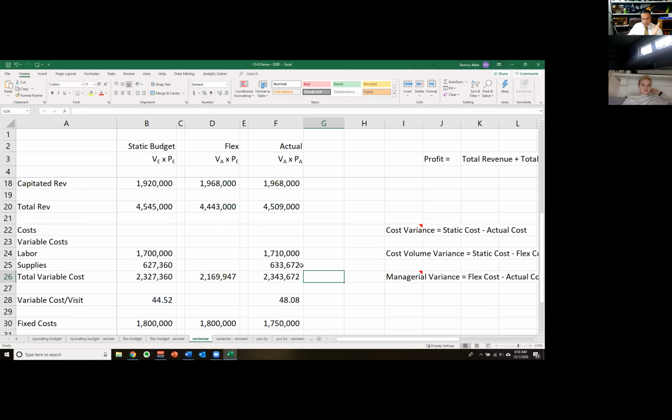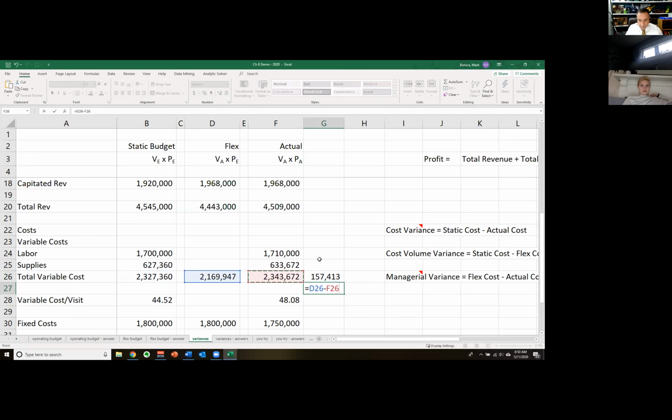And here we can do the same process to calculate variances based on volume, by comparing static versus flex. We can see we expected to spend 2.3 million. Holding price constant, we should have spent 2.1 million. So we should have had a savings of 180,000, something like that. I don't have to guess, I can tell you. We should have had a savings of 157,000, but we actually spent more per visit.